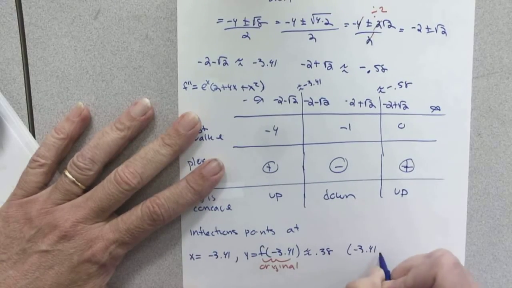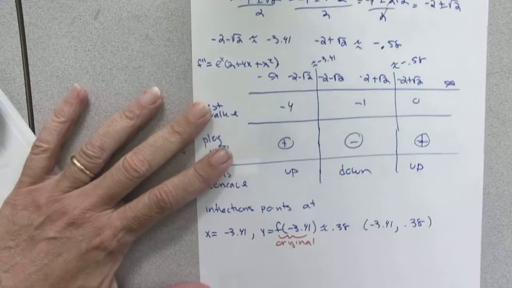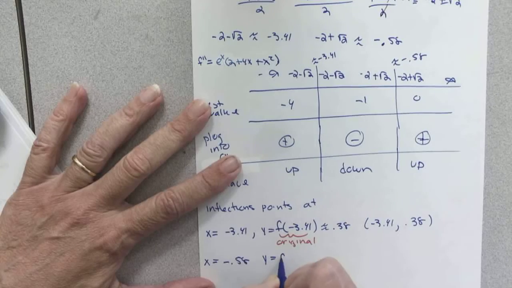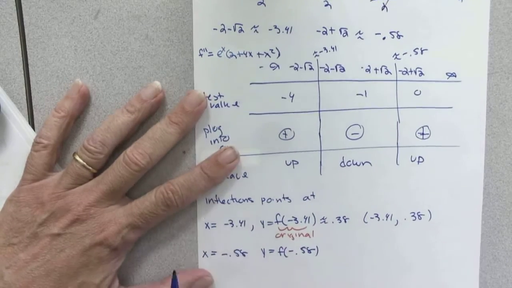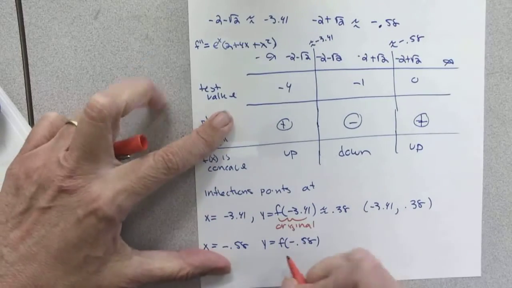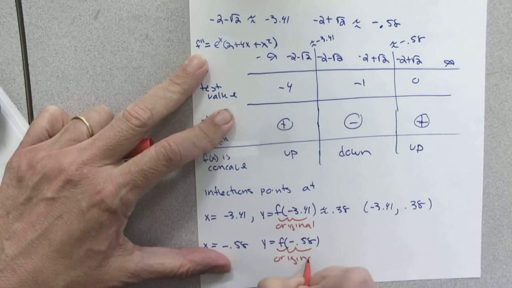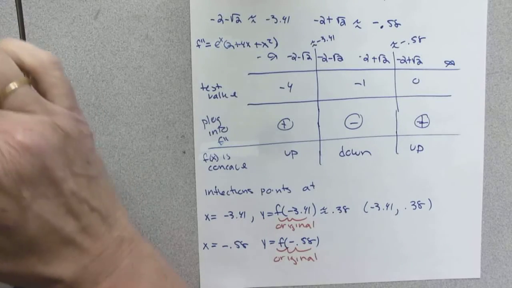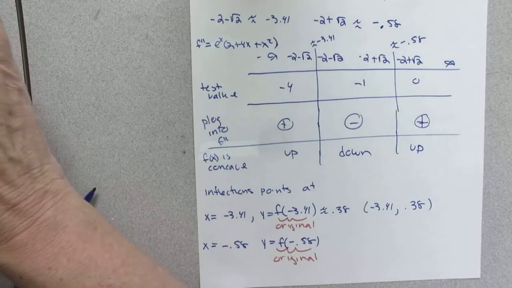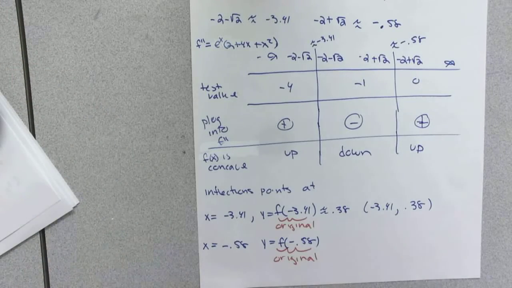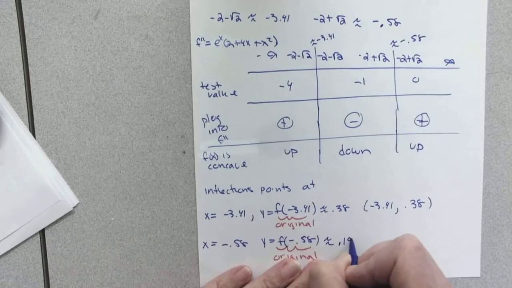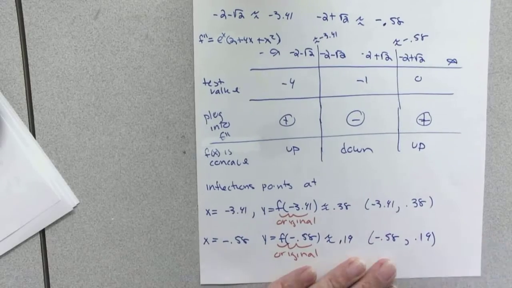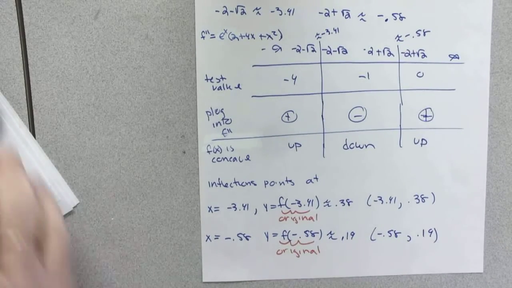So we have negative 3.41, 0.38 as one inflection point, and at x equal negative 0.58 with y equal f of negative 0.58, again the original function, if I put negative 0.58 in there, we come up with roughly 0.19. And so negative 0.58, 0.19 is my other inflection point.